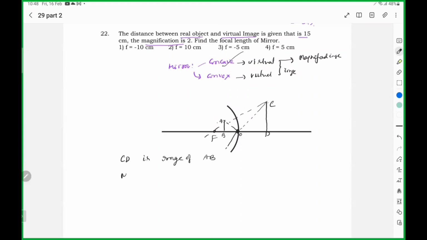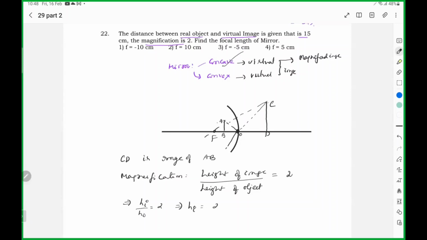So magnification is height of image by height of object. So that is 2. Height of image by height of object is 2.